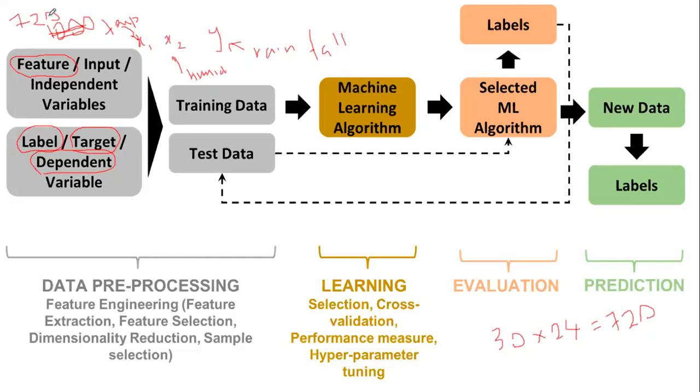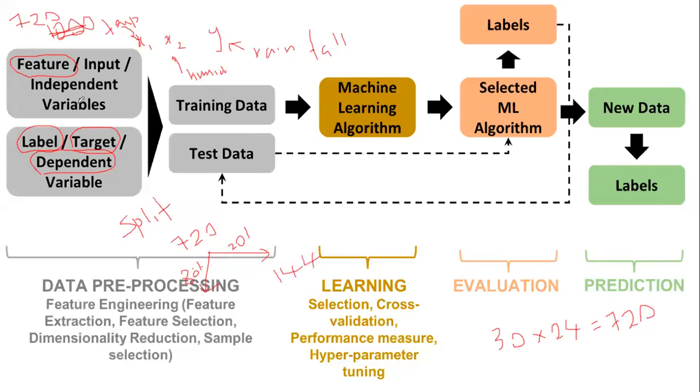Then we divide this 720 into two splits. We call it splitting. Split the 720 into two data sets, two groups, 80% and 20%. 20% of 720 is 144.